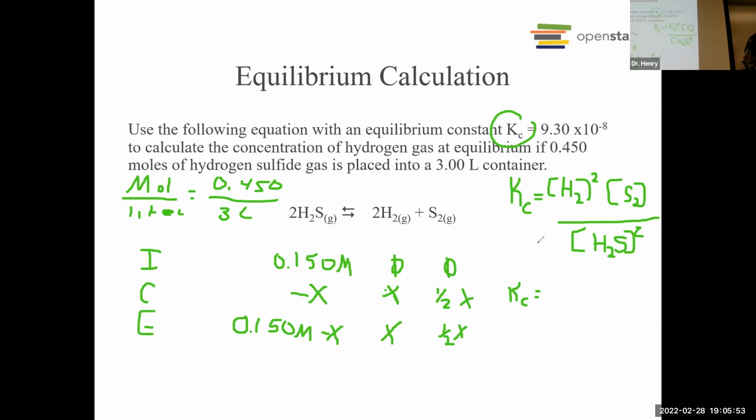Okay. So here, if we plug in our values, then we have x cubed, 1/2, over 0.150 molar minus x.